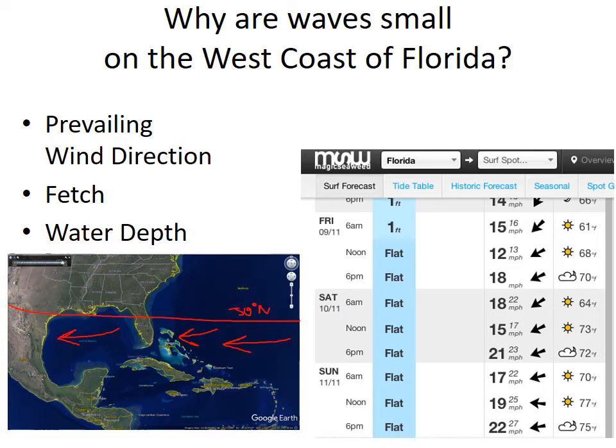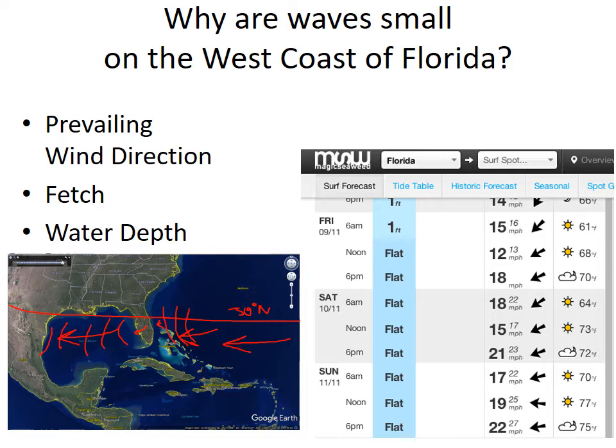So that means that waves are being pushed by those winds against the east coast of Florida, but waves are moving away from the west coast of Florida, and so the wind is just touching the water when it gets here, and it hasn't had time to build up any waves, and any waves that it does build up, it sends to the opposite side where they impact the other side of the Gulf of Mexico. So the prevailing wind direction is one of the main reasons, if not the main reason, that the waves are small on the west coast of Florida.